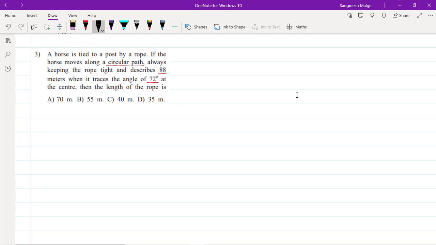Let's consider this as a post, and to this post we have one horse. Assume it is a horse and not a donkey.